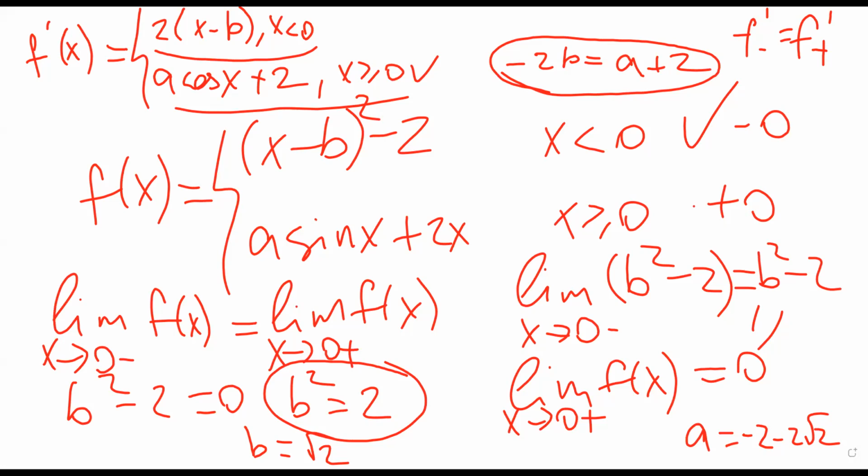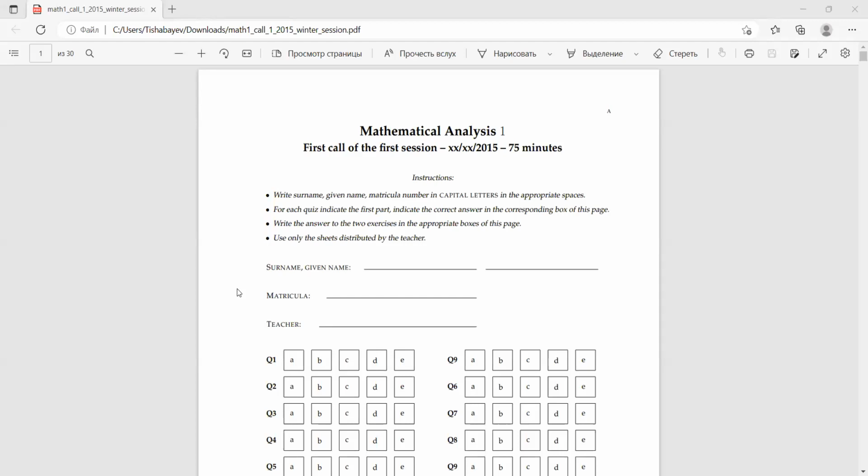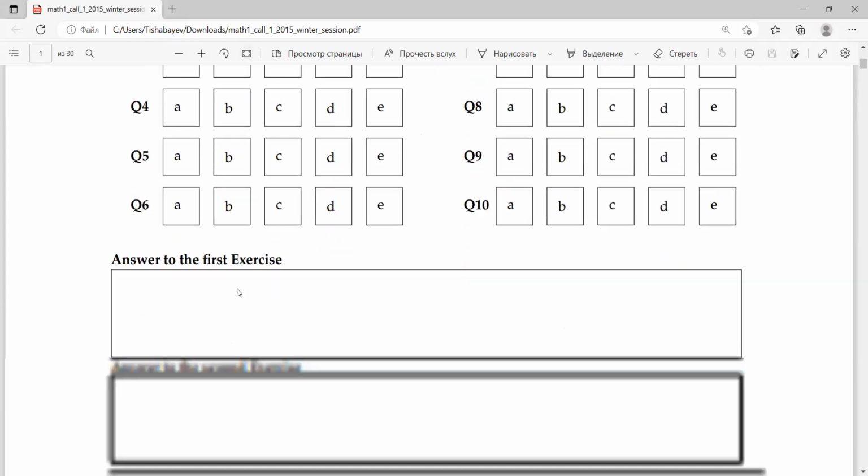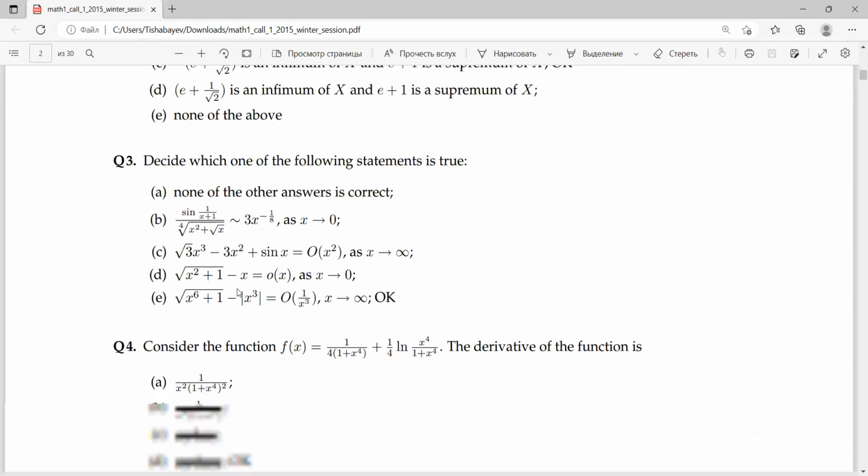So, just a moment. Is it visible? Yes, it is.